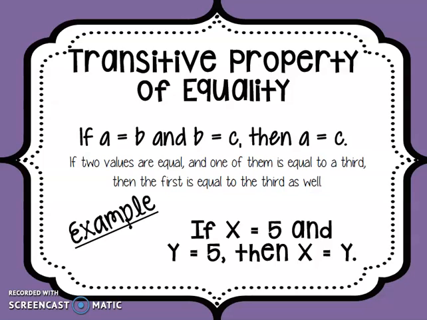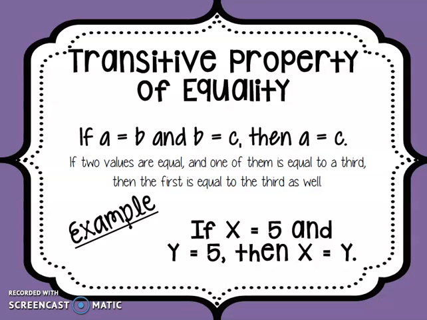The next one is transitive property. Transitive property is easy to identify because there's three parts to it. If A equals B and B equals C, then A equals C. Another example of this might be, if Tom is siblings with Chris and Chris is siblings with Mike, then Tom is siblings with Mike.